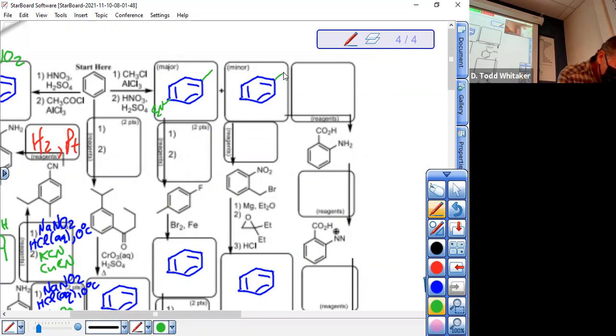Put the methyl here, minor is nitro ortho. There you go. And there's a big clue on the next reaction that this was ortho. They're ortho here. Big clue in the next reaction that they're para.